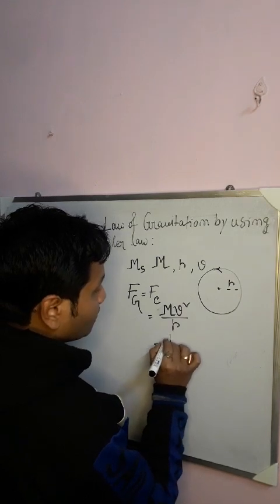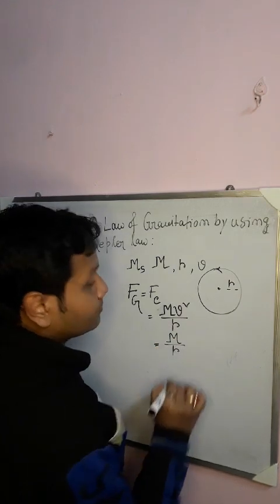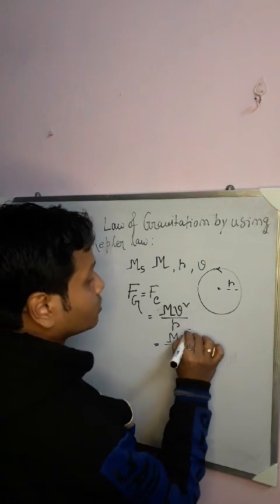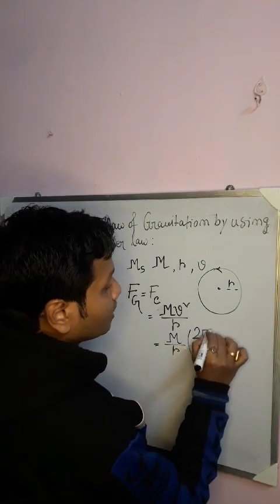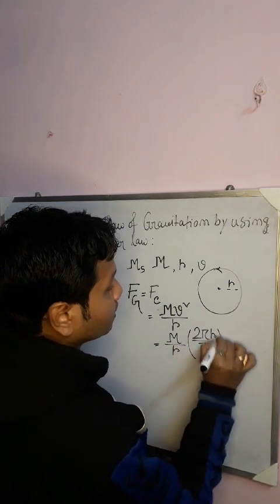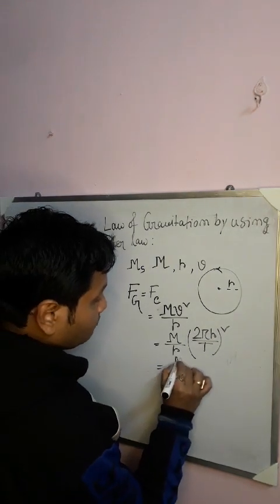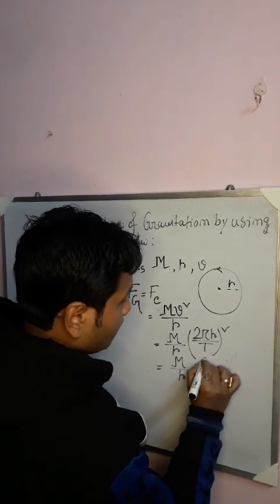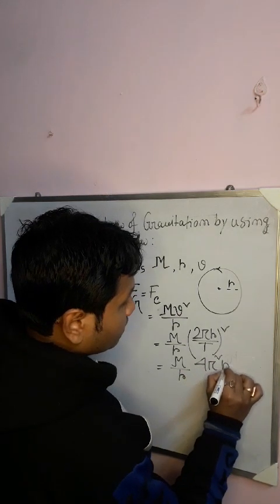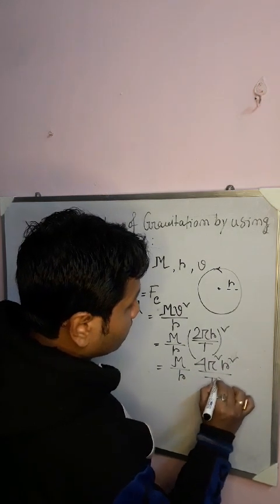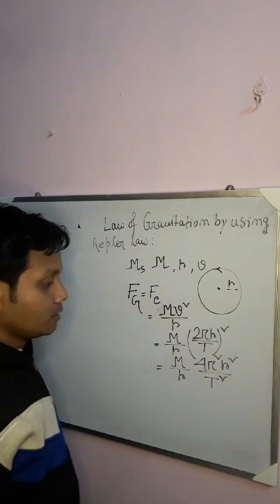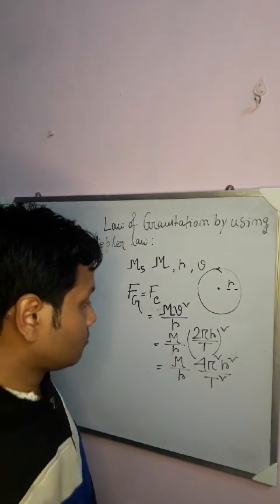Now if T be the time period of revolution, then we can put 2 pi r by T instead of v. So just simplify it, m upon r, 4 pi square r square by T square.